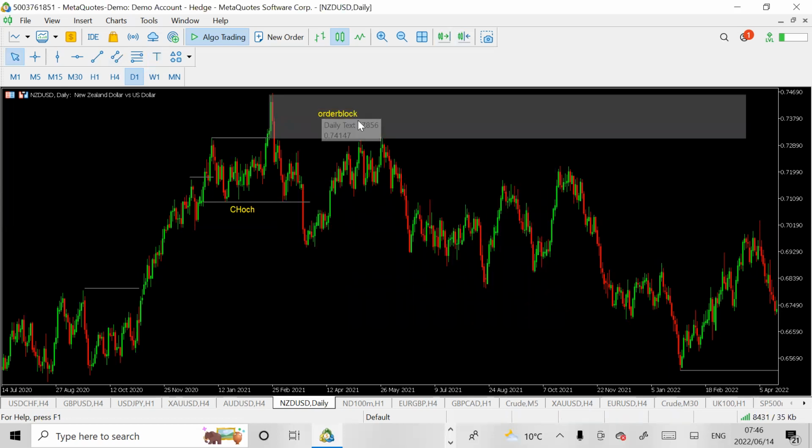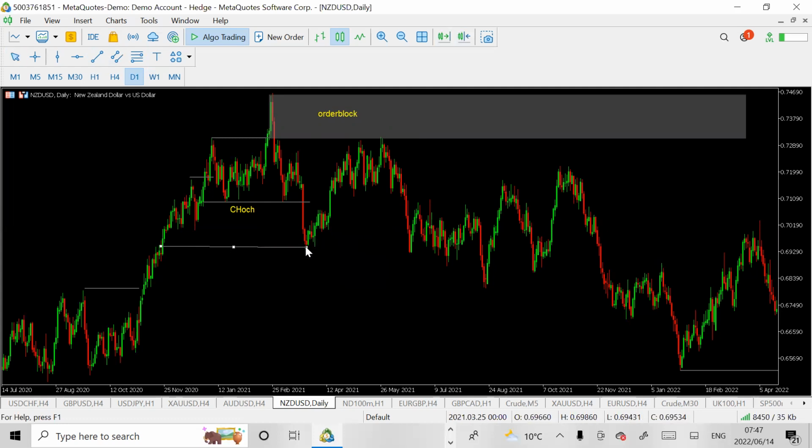So when we talk about this breaking of structure, the CHoCH, we noticed another break of structure which was created here. Yeah, this is a break of structure which was created. You see, wherever you see a CHoCH, there should be a break of structure.